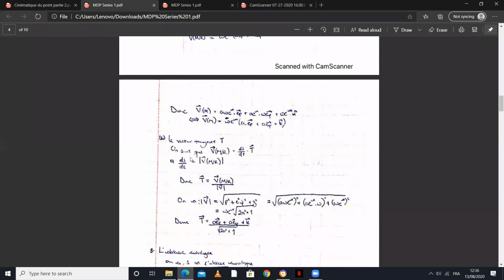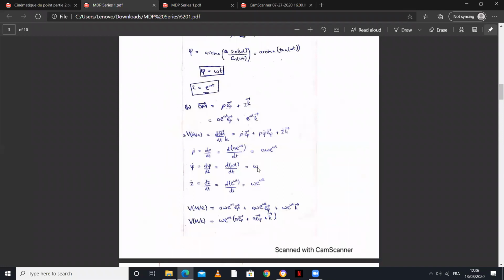Then we calculate: rho point is there, you just square it. The next one is rho phi point carré, which is this term here. And finally z point carré is that term there.